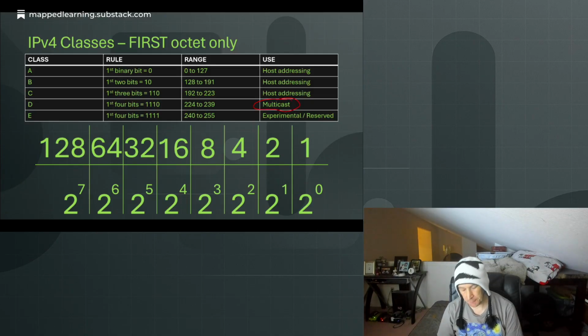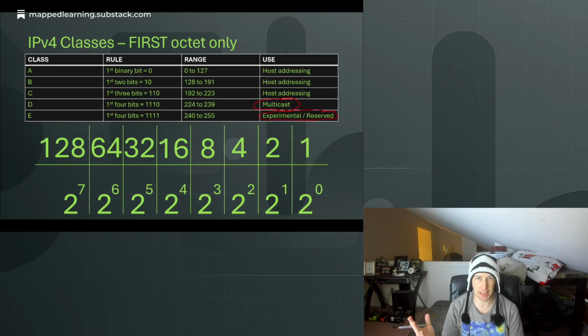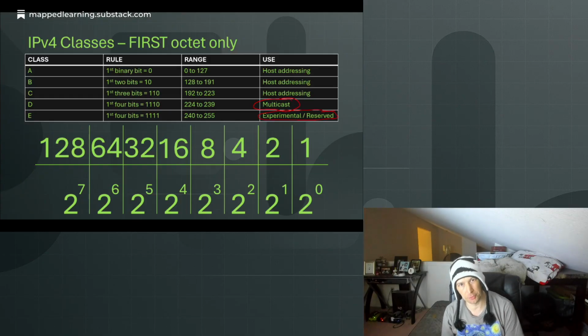And for Class E, we have experimental and reserved. And if you're an 80s, 90s kid like I was, back in the day, we used to also call these governmental addresses, but that's not really used anymore. So we just use experimental and reserved.